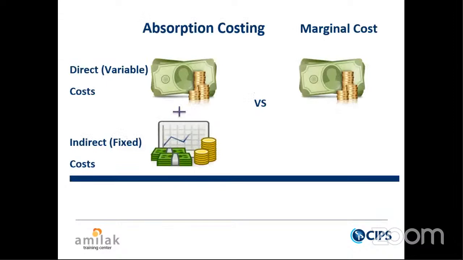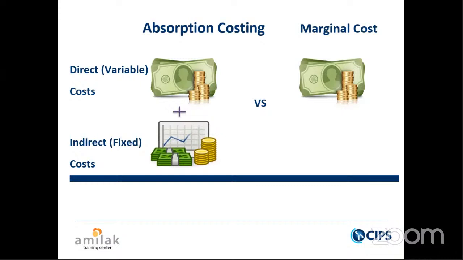Good. So, in summary, this is what the two models of costing that a supplier can use to cost their product look like. If they do absorption costing, it means that they include both direct costs and indirect costs in the piece price, or the price of the item.